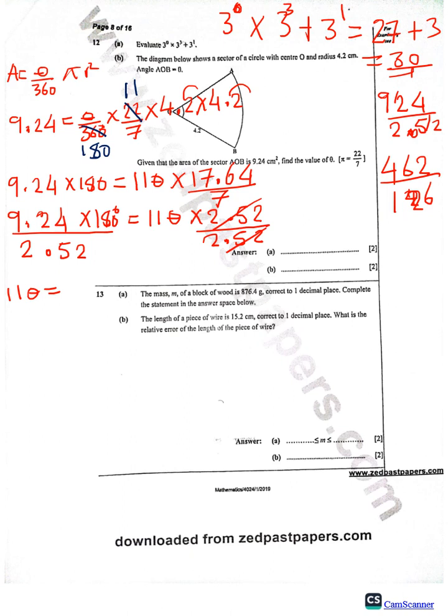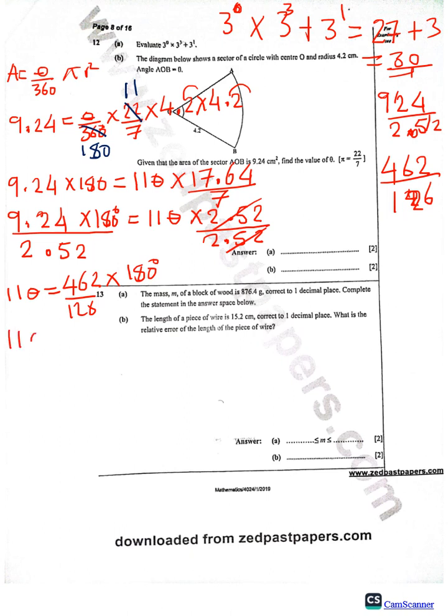So we have reduced, we can say 462 over 126, divided by 180. So what I've just done is reduce 9.24 and 2.52 first, so that it can be easier.